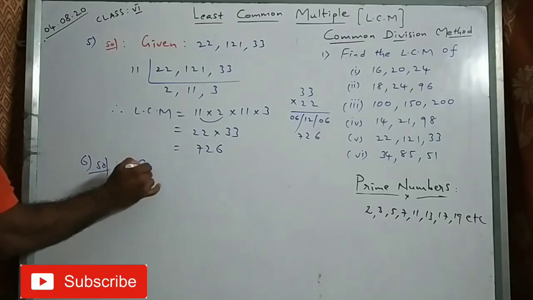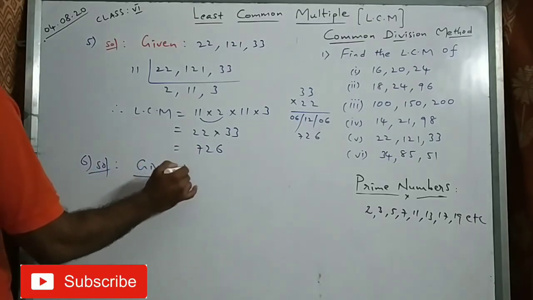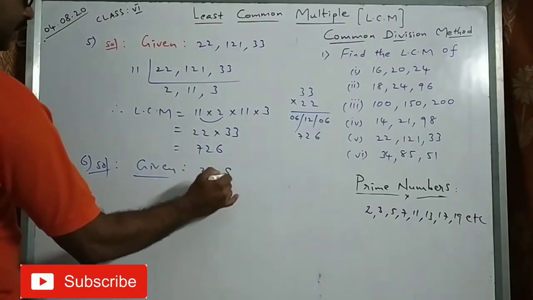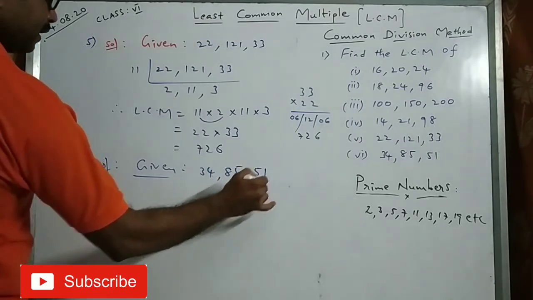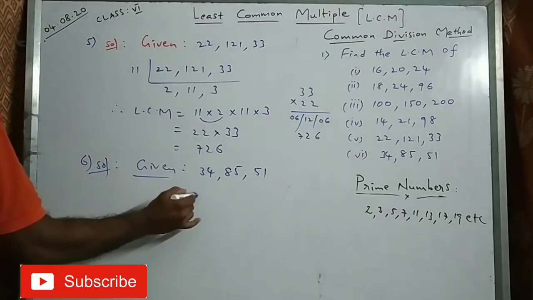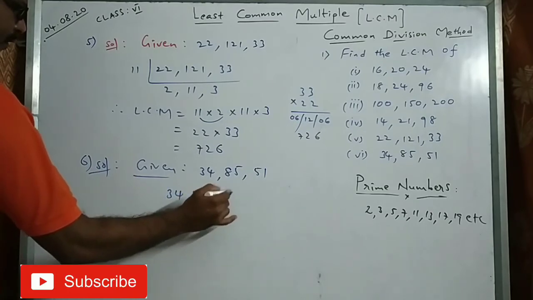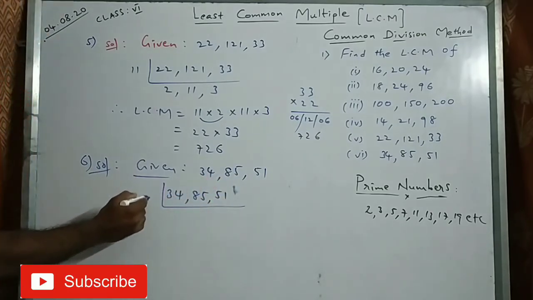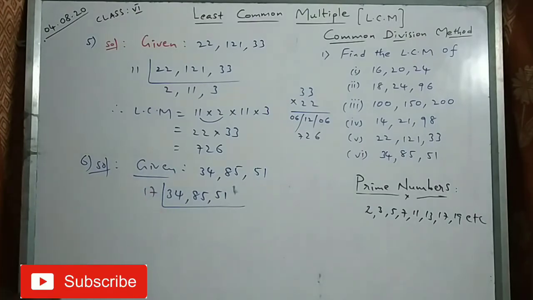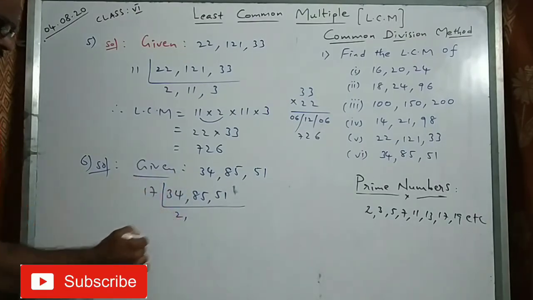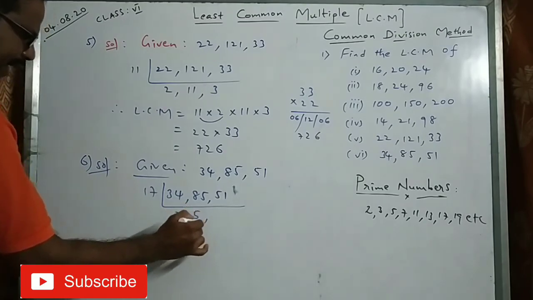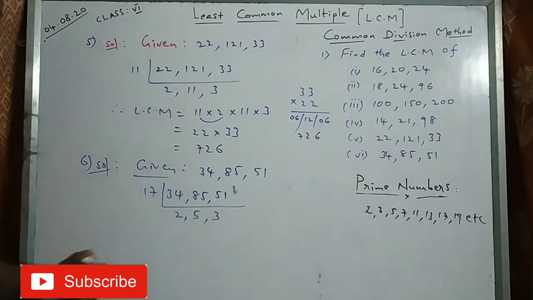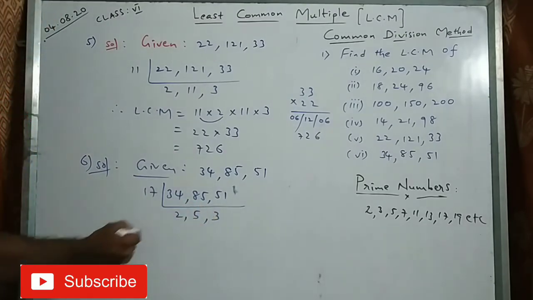Let us see the sixth solution. What are the given numbers? 34, 85, 51. Which table would you like to see here? 17 is a prime number. 17 2s are 34, 17 5s are 85, 17 3s are 51, right? So 2, 5, 3 are already prime numbers.